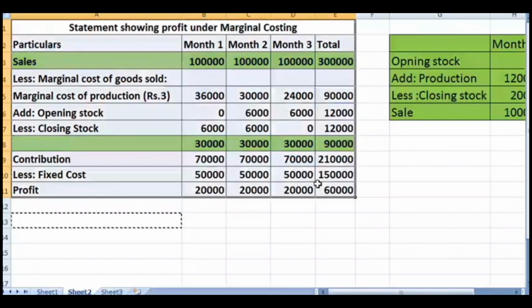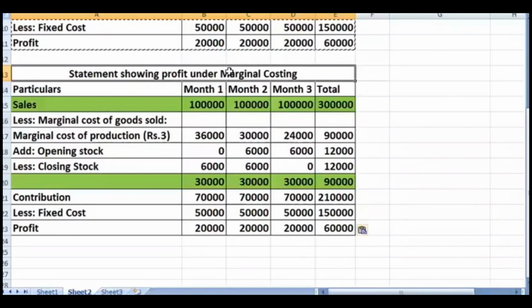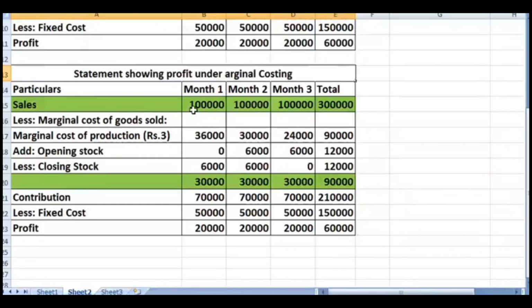Statement showing profit under absorption costing. Marginal instead of absorption. Absorption costing. Okay, this is month 1, 2, 3 and total, and the sales remain the same. Instead of marginal cost, production cost of goods sold.